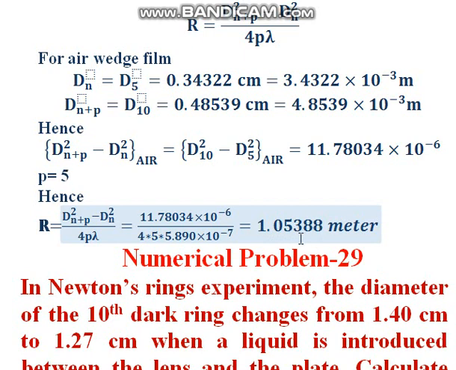You may see that the radius of curvature is always very large. It is approximately 1 meter always. Otherwise, if you do the experiment with a plano-convex lens of a small radius of curvature, then you know that the diameters are proportional to the radius of curvature of the lens, so the diameters will be very small.